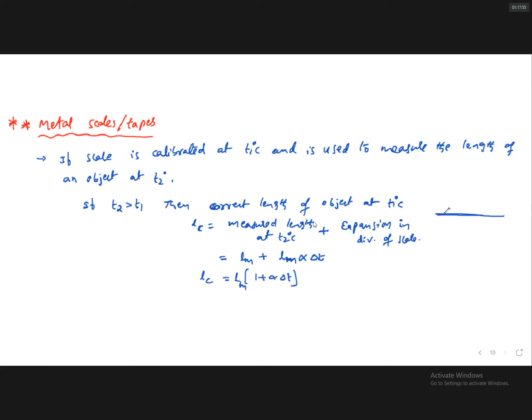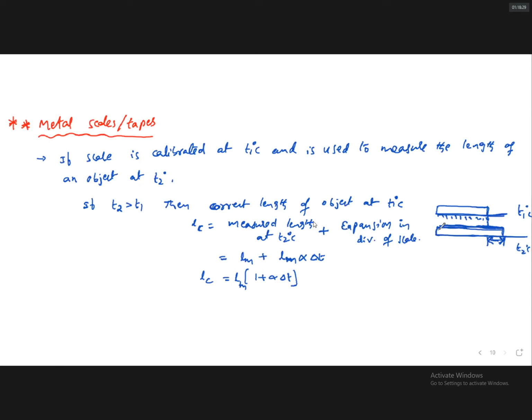Actually, the scale is correct at T1 degrees Celsius. So at T1 it gives the correct reading, but at T2 degrees Celsius, the scale expands. Therefore, the length of that object is measured at T2 degrees Celsius. To get the correct length of that object, we have to subtract the expansion of that scale in that length.